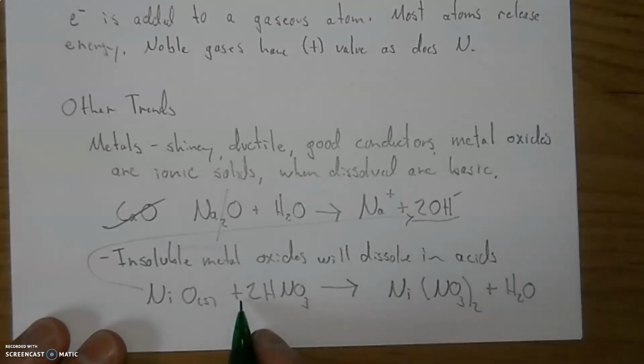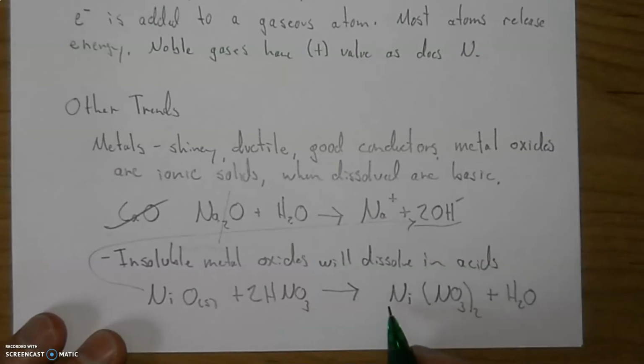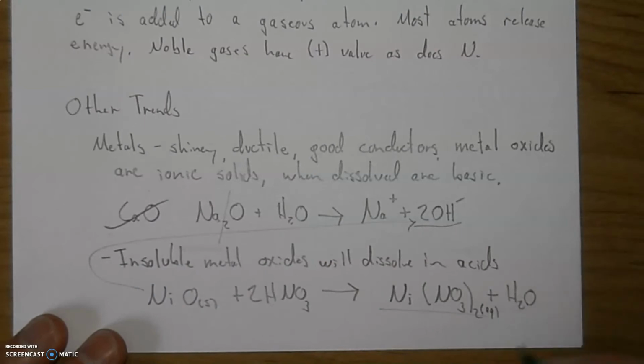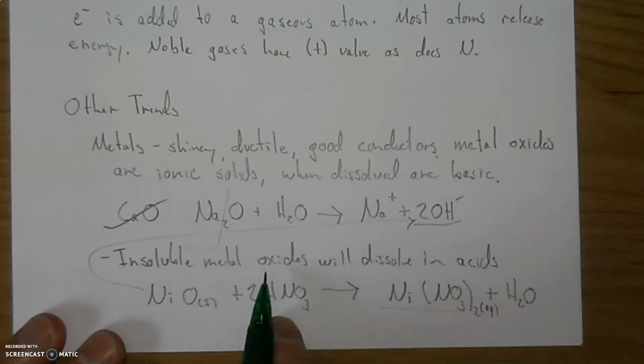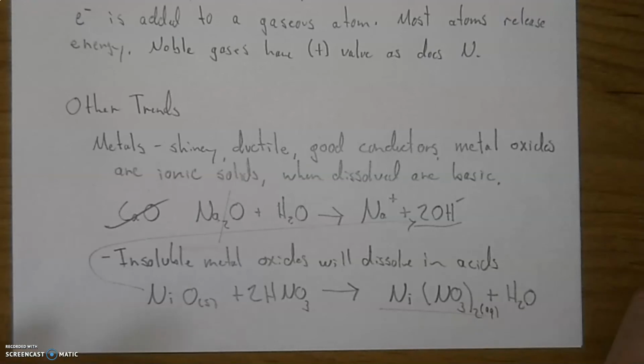So when you mix a base with an acid, you end up with what's called a salt in water. It's like a neutralization. So we can get it to dissolve. Here it is. This is aqueous. And it's in water. So there we go. So insoluble metal oxides will dissolve in acids. It's a neutralization type reaction. That's a good place to take a break.